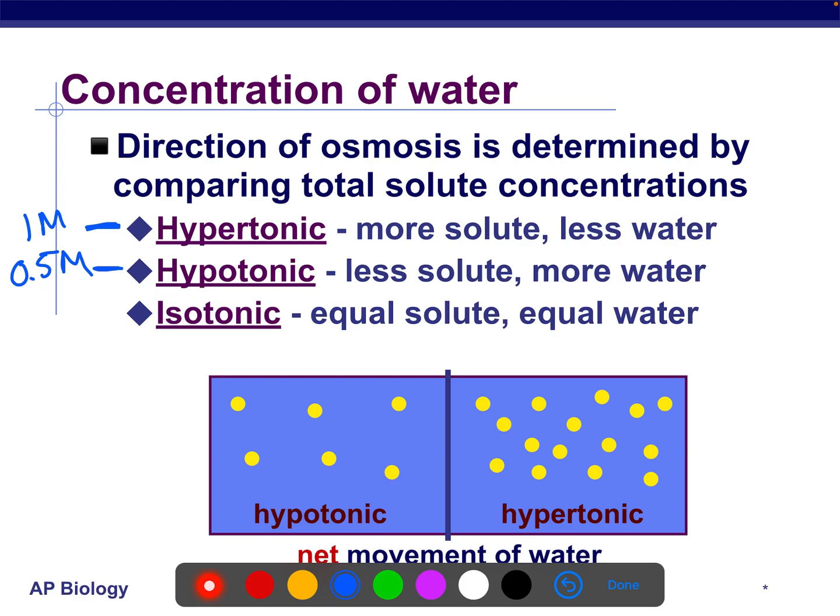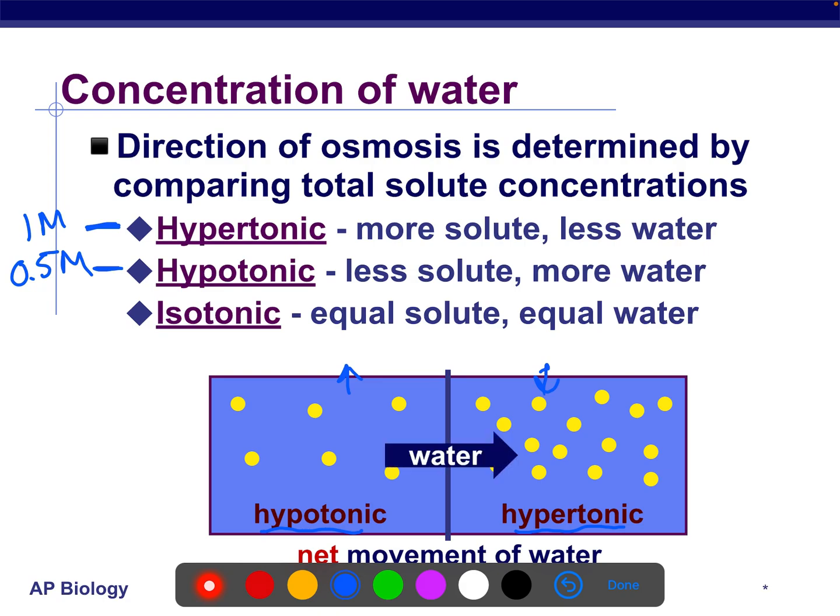And so if we look down at this picture, we have a hypotonic solution on the left, a hypertonic solution on the right. So there's less water on the right, more water on the left. Water is going to move from where it's high to where it's low, and it will move to the right into that hypertonic solution.